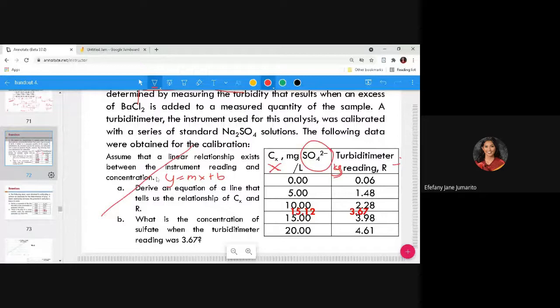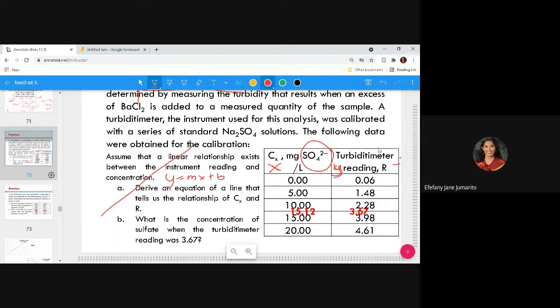When the concentration of your sulfate ions increases, the calibration of your turbidity meter also increases, right? Because it's a straight line. As you progress with your concentration, your turbidity meter also increases.